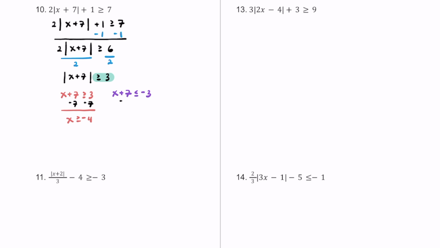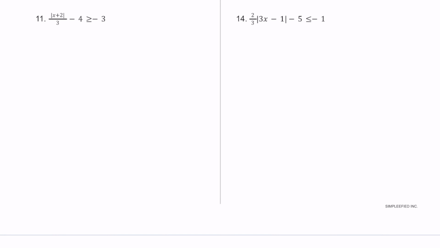And then on the right here, if we take away 7 and take away 7, we're going to see that x is less than or equal to -10. Putting these two pieces together, we can basically just say that x can be less than or equal to -10, or x could be greater than or equal to -4. This would be our solution.